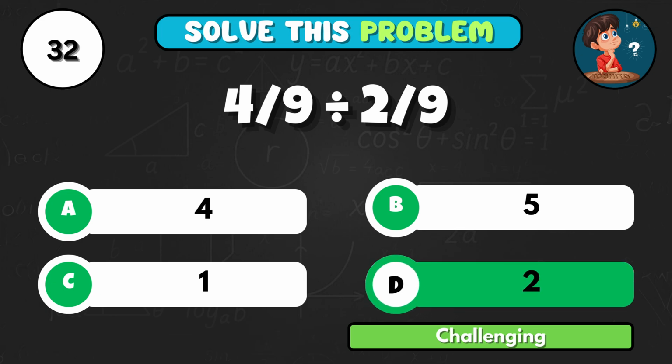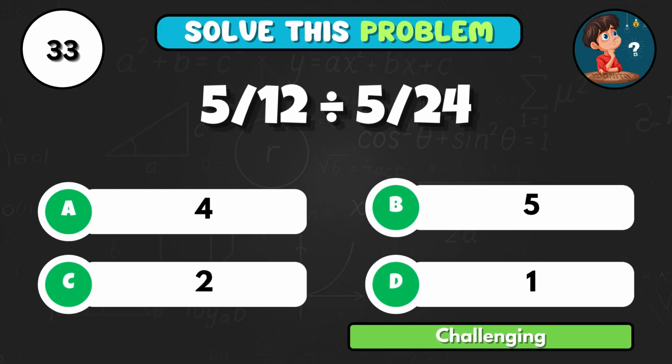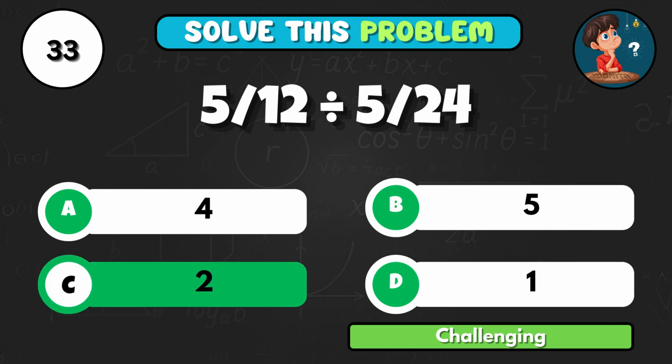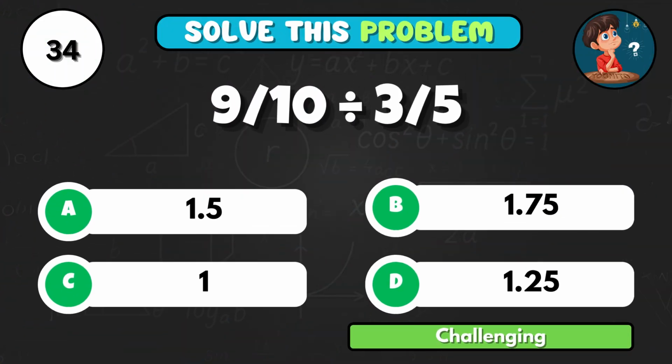It equals D, 2. 5/12 divided by 5/24 equals what? That's C, 2. 9/10 divided by 3/5 equals what?